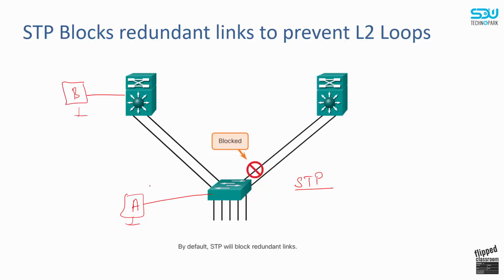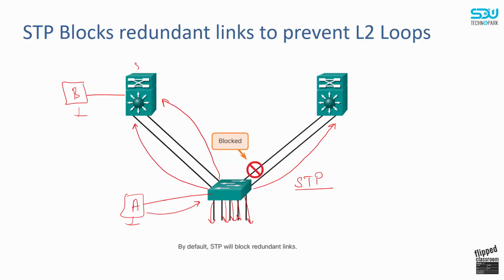Computer A is making a broadcast request, and this broadcast request will go to the switch, and the switch will resend this information, due to the fact that this is a broadcast, to all other ports, excluding the port by which it received this broadcast. At the same time, the information will go this way and this way.